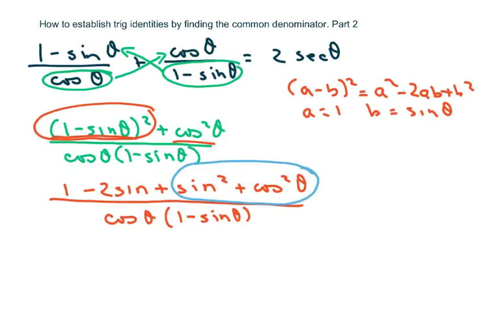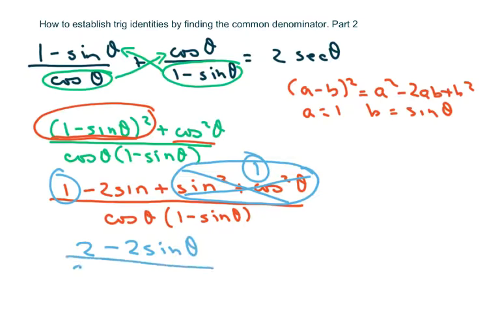So if this is 1, and to save space, I'm just going to write this as equal to 1. So 1 plus 1 is 2. So I'm going to write 2 minus 2 sine of theta over my denominator.